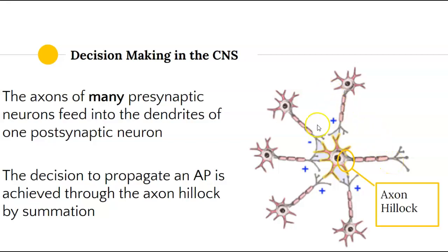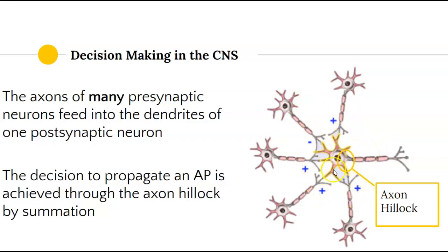So you add all of these neurotransmitters that were sent, and if it all adds up to above the threshold, then you will propagate an action potential. If it is below, then you won't. It just depends on what is actually being sent to the postsynaptic neuron, or the second neuron.